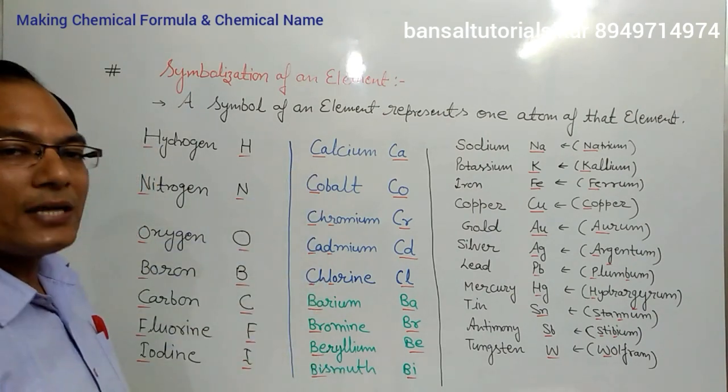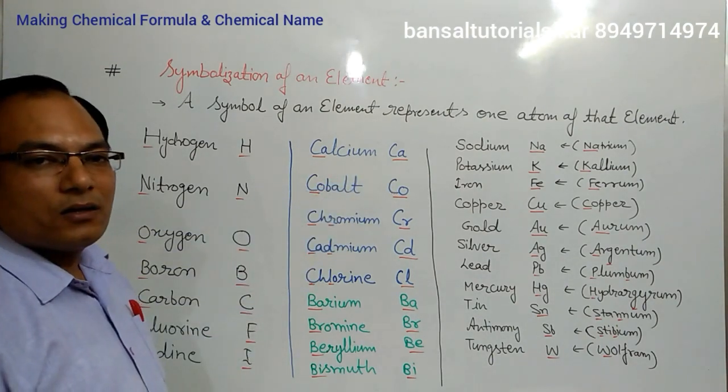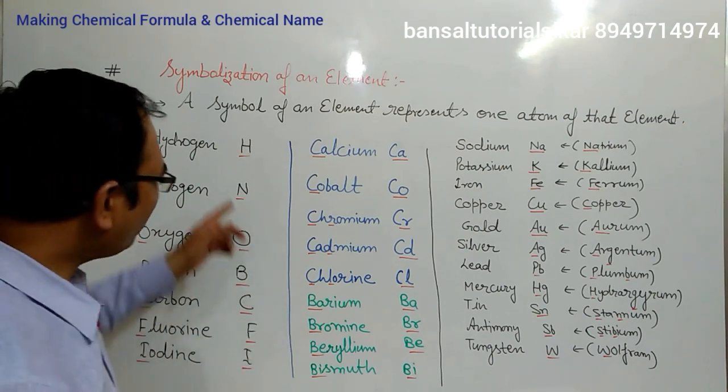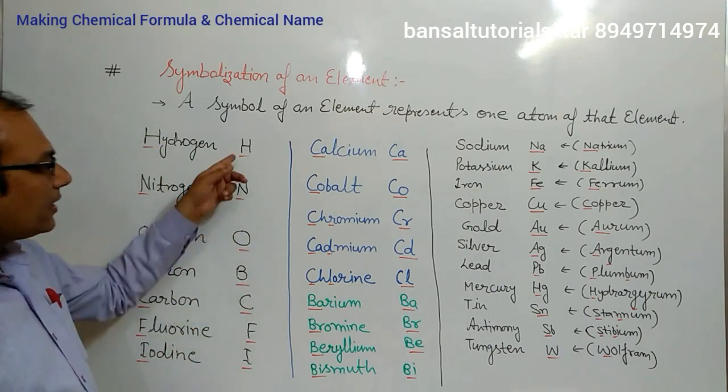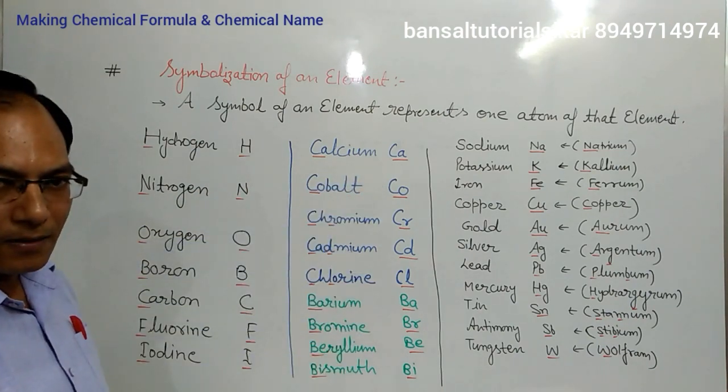In these examples, you can see that the symbol of the element comprises two letters. As compared to the earlier elements, which have one-letter representation, these have two-letter representation.